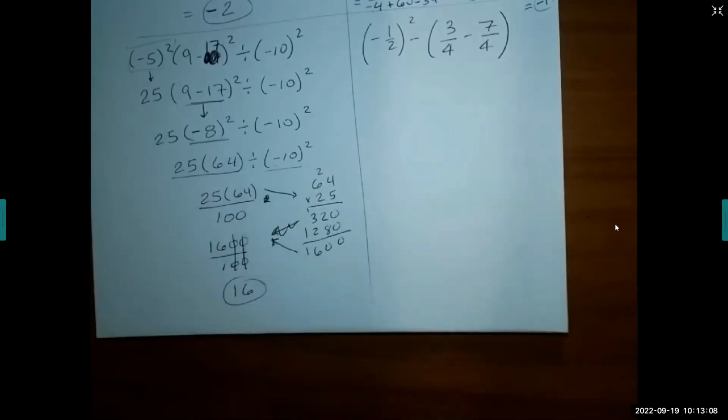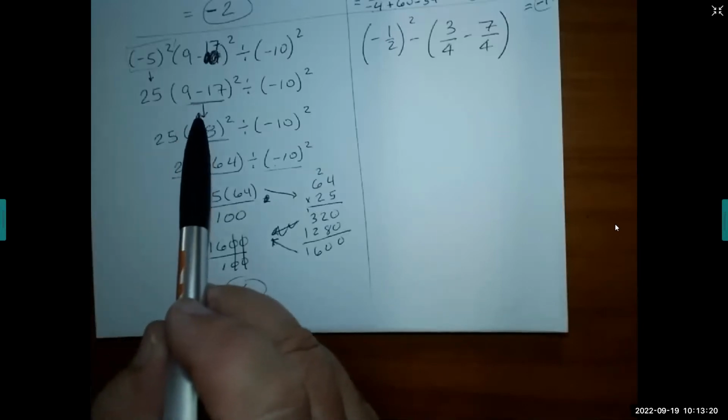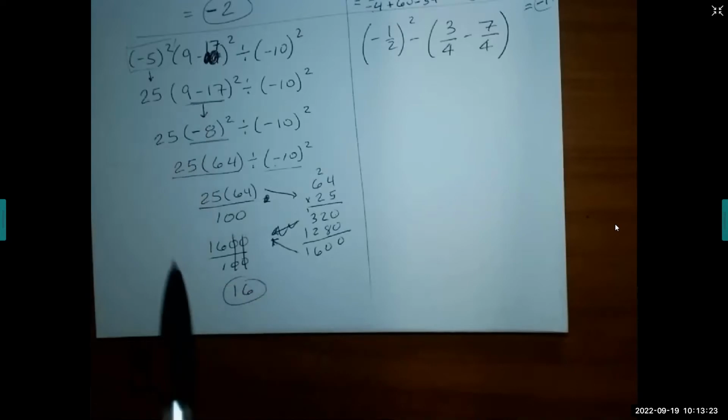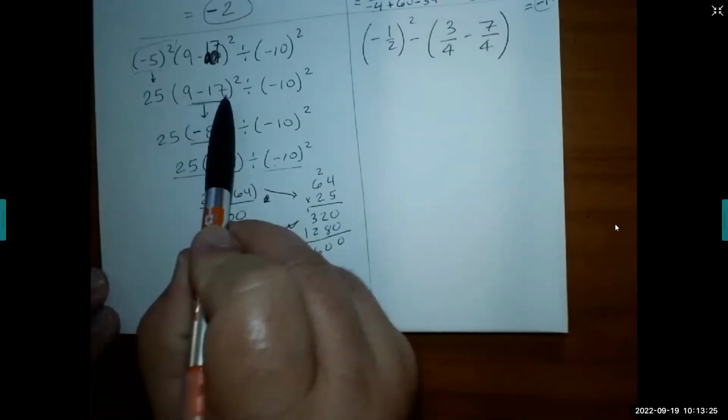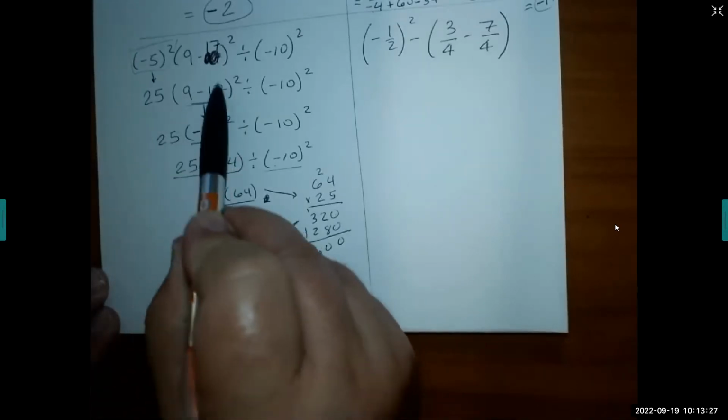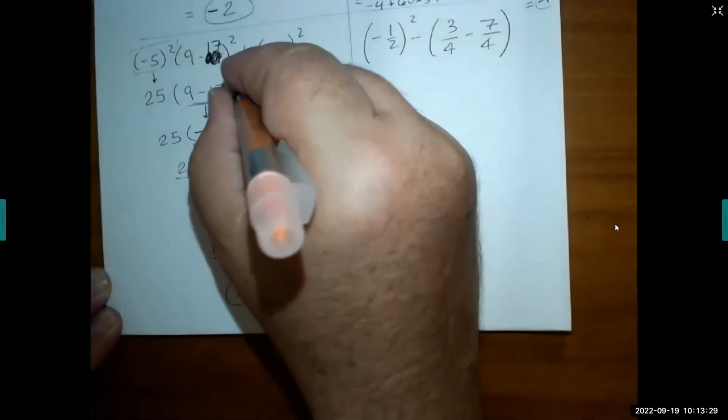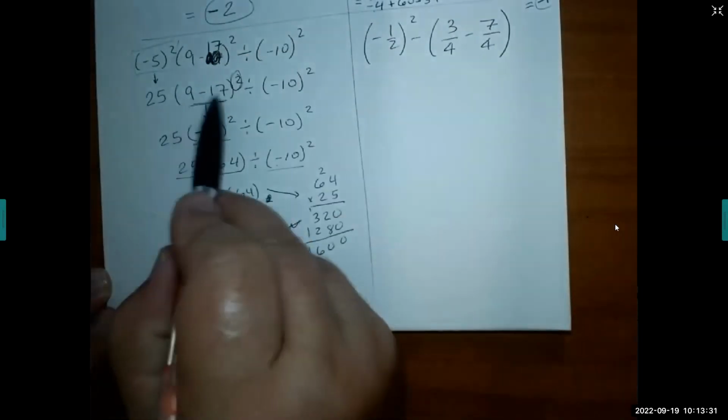Because this is inside the parentheses, I cannot do this exponent until this is fixed.